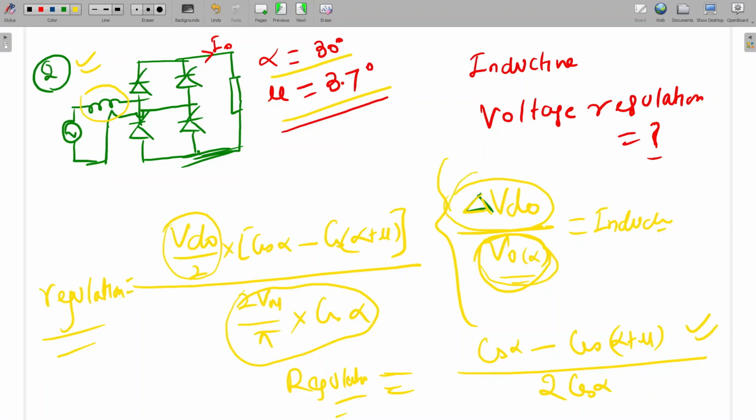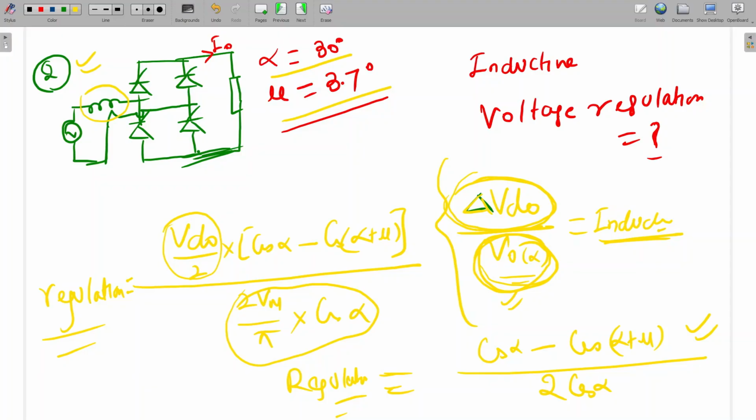That drop we keep at the top, and this voltage without drop we keep at the bottom. It is a similar kind of thing. There also, if no load is there, drop will not be there, and the same source voltage will go to the load. If load is there, then drop will be there. That drop we keep at the top, and the bottom will be the without-drop voltage. Is it clear? Yes, sir.